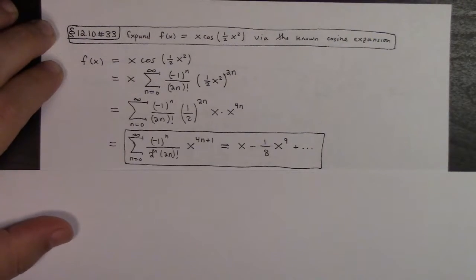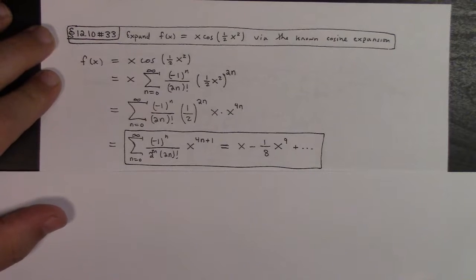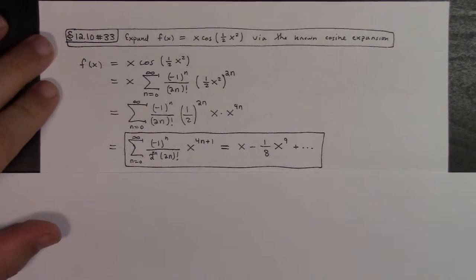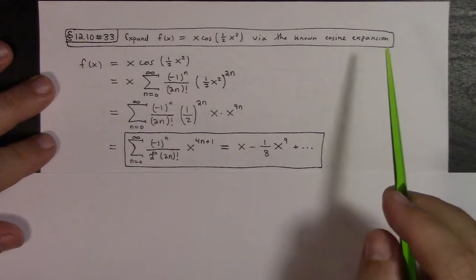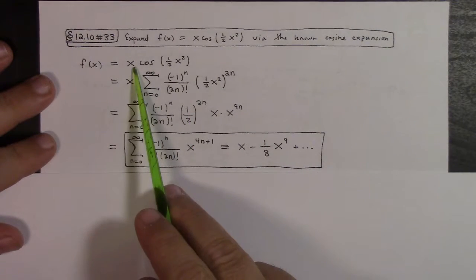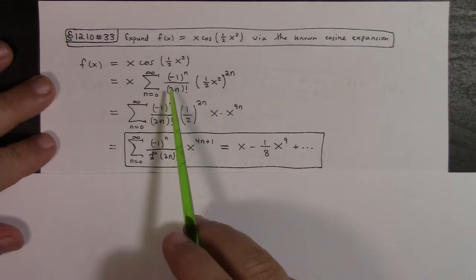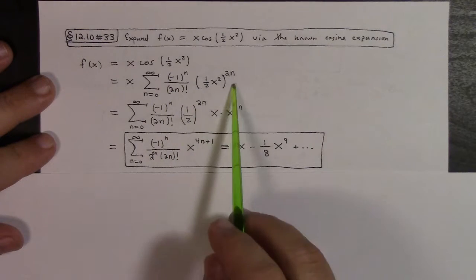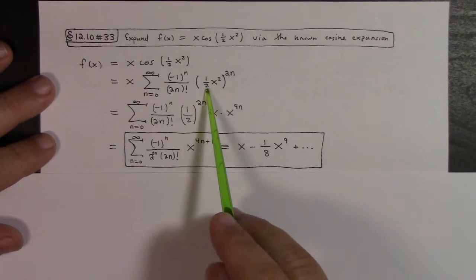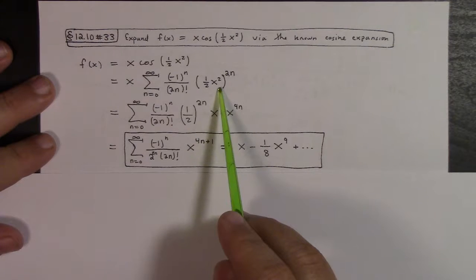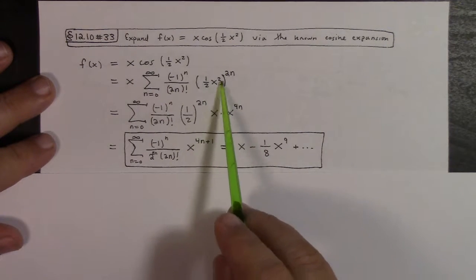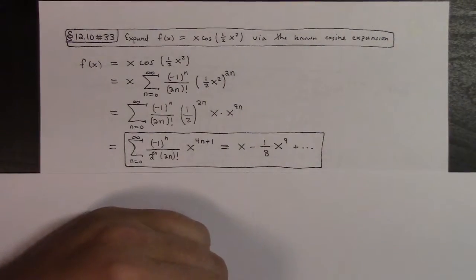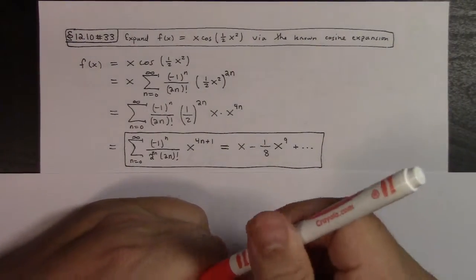Now on to problem 33. We have been requested to expand x times the cosine of 1/2 x squared via the known cosine expansion. All right. So there's my x, cosine of 1/2 x squared. So what I do is I take the known cosine expansion and I just plug in 1/2 x squared into that. Remember the known cosine expansion, let me just write it over here.